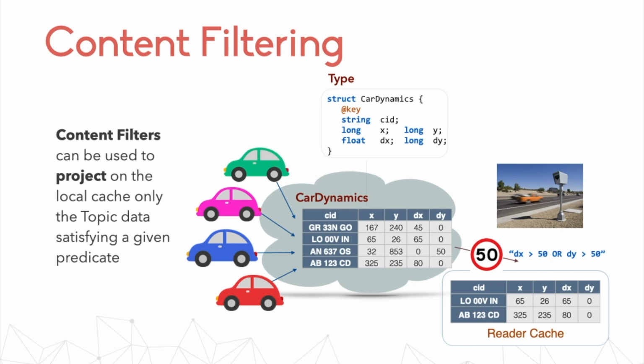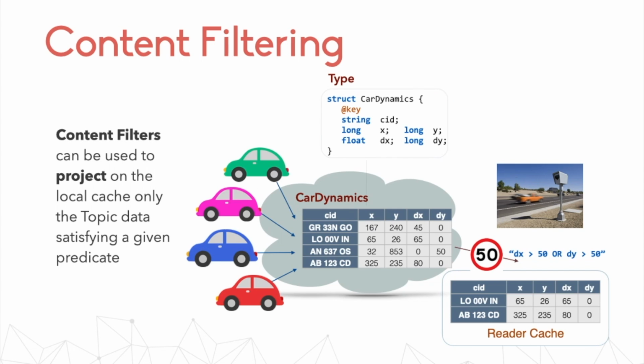One is called content filtering, and content filtering controls the data that gets inserted in your cache. You have to think of content filtering as a predicate that logically looks inside the data. If the sample you're receiving matches the predicate, then that data is inserted in your local cache, otherwise it's discarded.